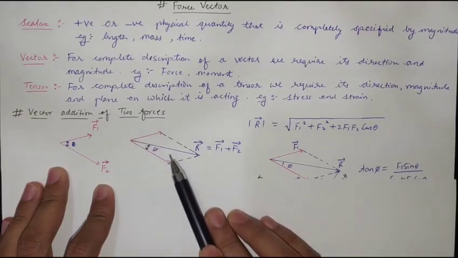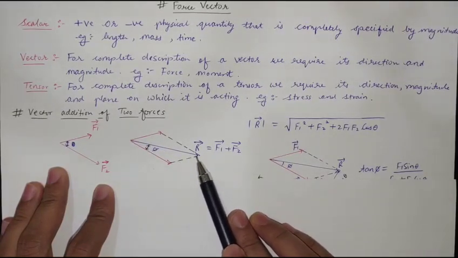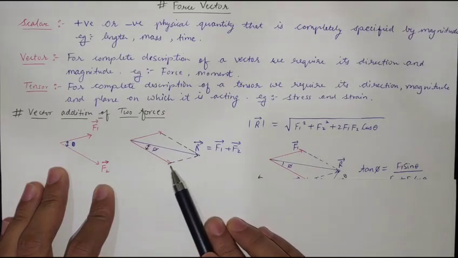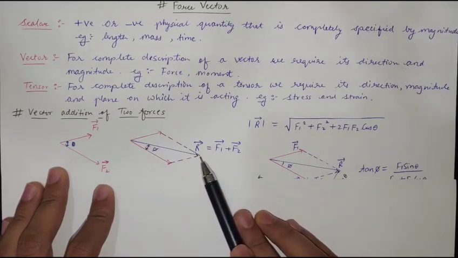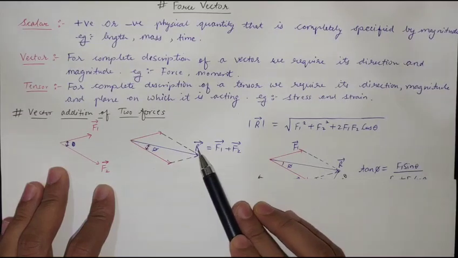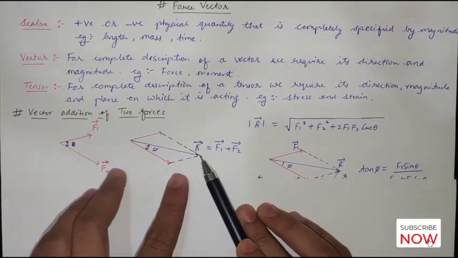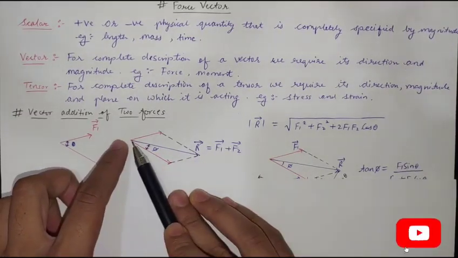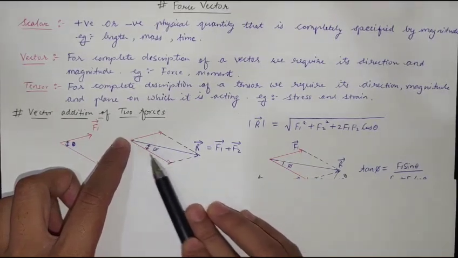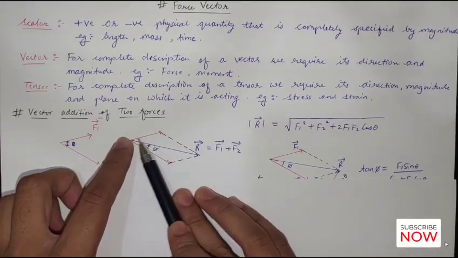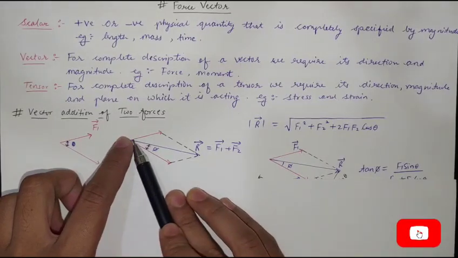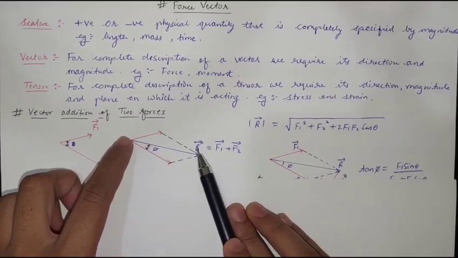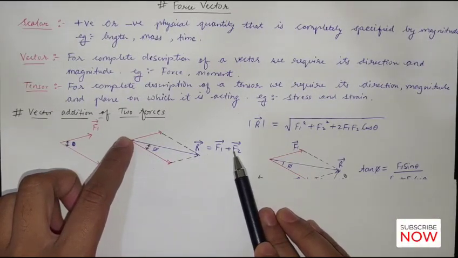We draw this line parallel from the tip of the other vector, and similarly this line parallel from the tip of the other vector. When these two lines intersect, at that point we have the resultant from the starting point of both the forces. So if we apply force in this direction, the combined effect will be the force R vector, which is the summation of both these vectors.